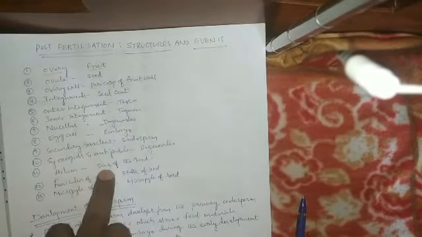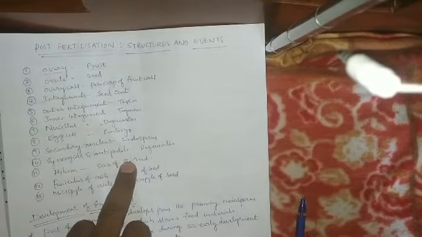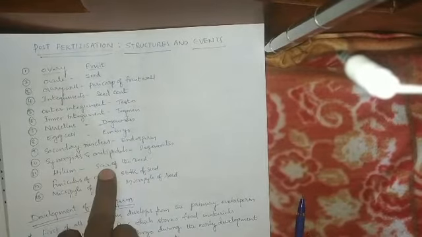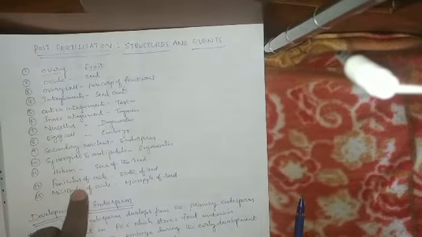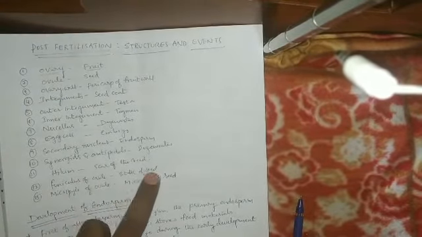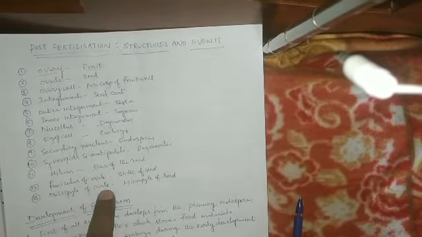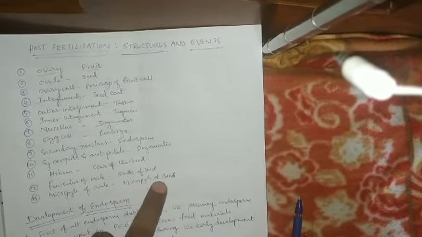The hilum is modified as the scar of the seed. Scar means a mark-like structure present on the seed, that is called the hilum. The funiculus of the ovule is modified as the stalk of the seed.